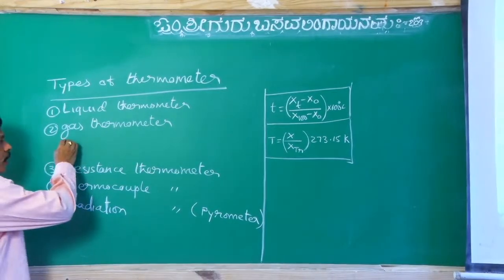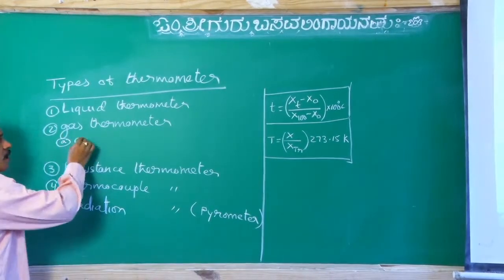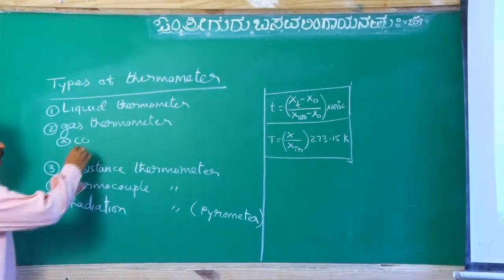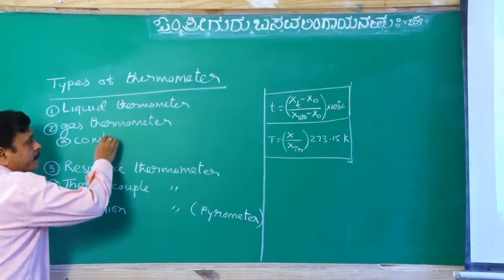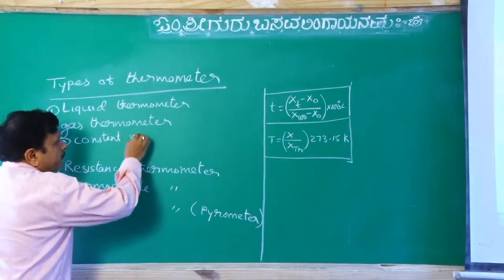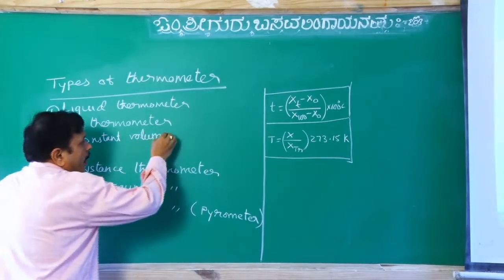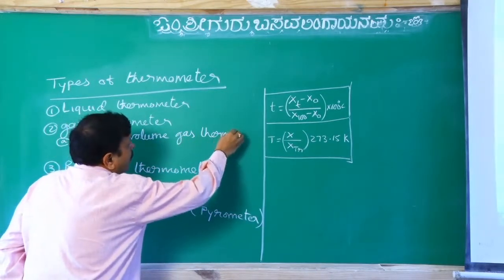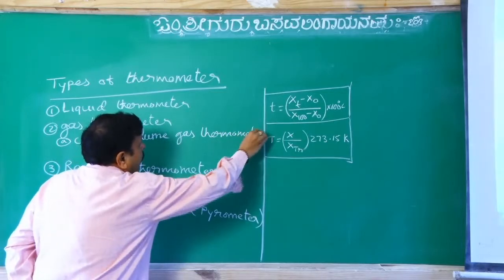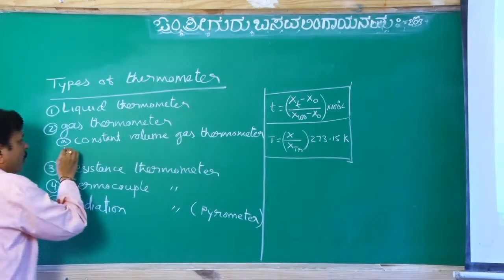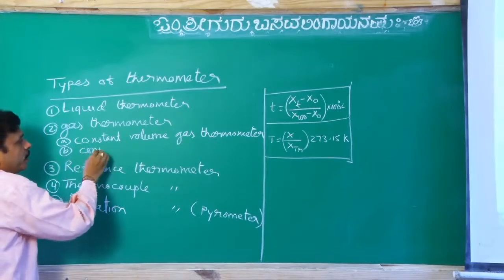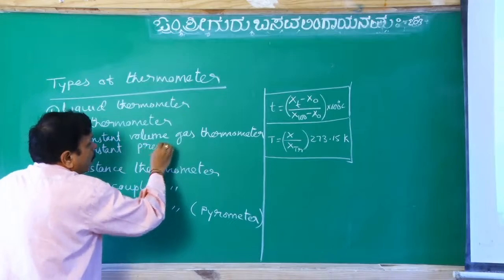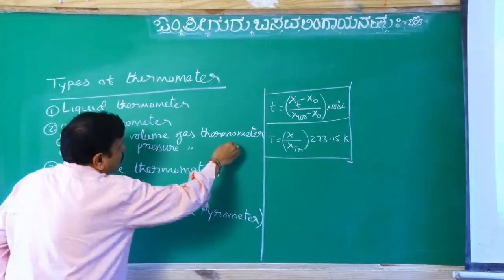Here the gas thermometer has got two types. One is the constant volume gas thermometer, and the second one is the constant pressure gas thermometer.